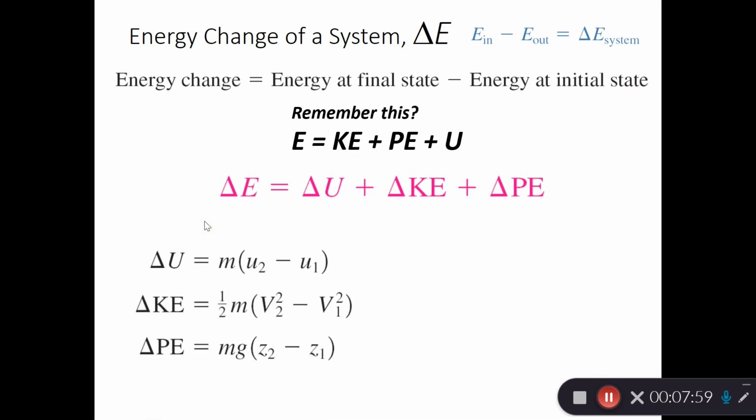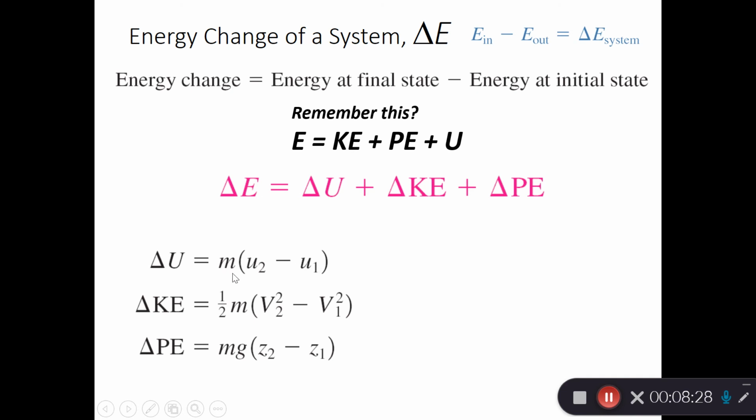Now, delta U can be calculated using properties from the property table. You know that capital U is mass times small u, right? Since we want change, it has to be U2 minus U1, times m, because small u is per unit mass. This is from the property table.